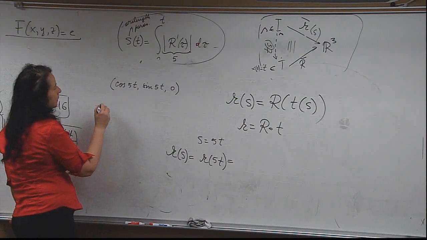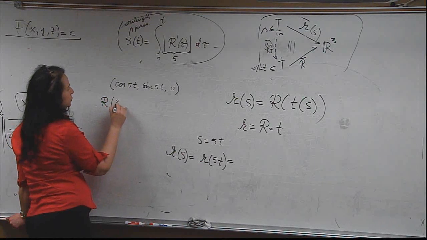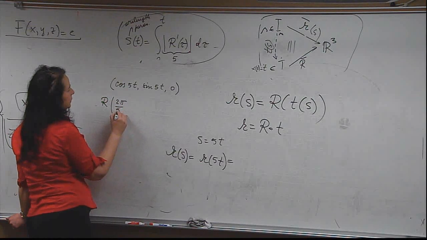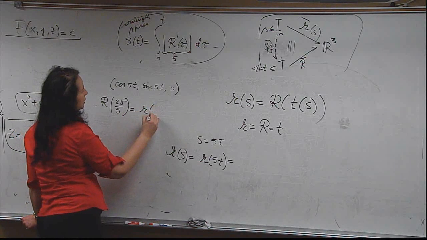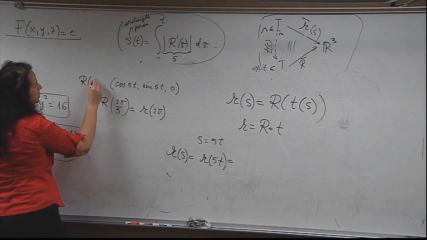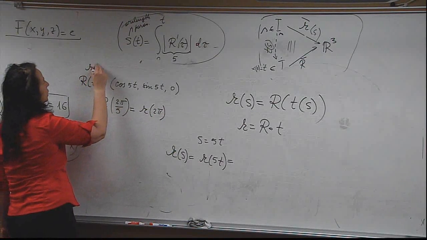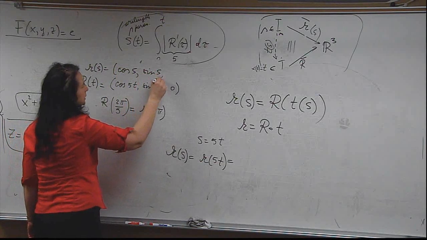It means that R of 2 pi over 5 is the same as little r of 2 pi, where R of t is cosine of 5t, and little r of s is cosine of s, sine s, 0.